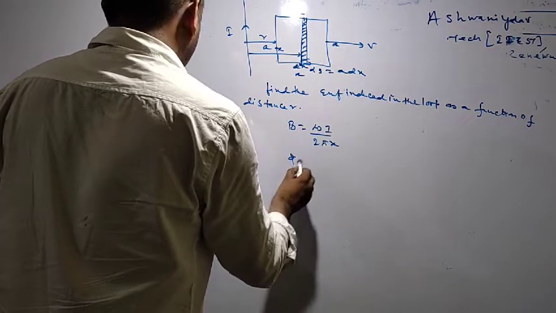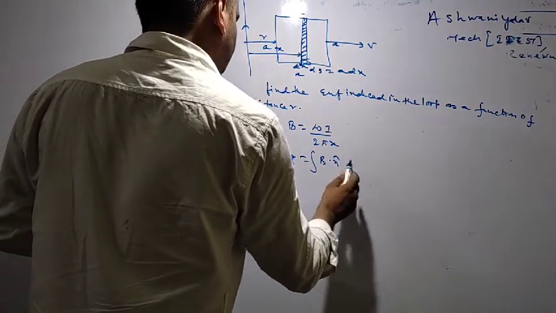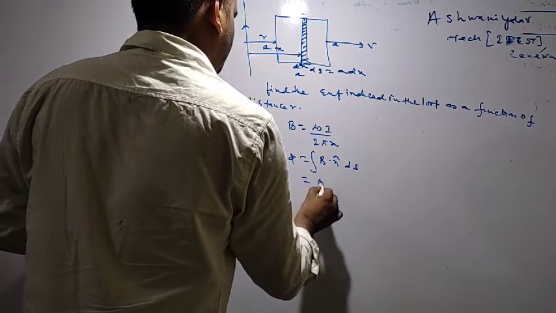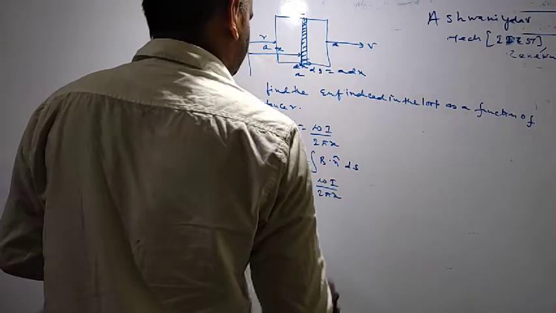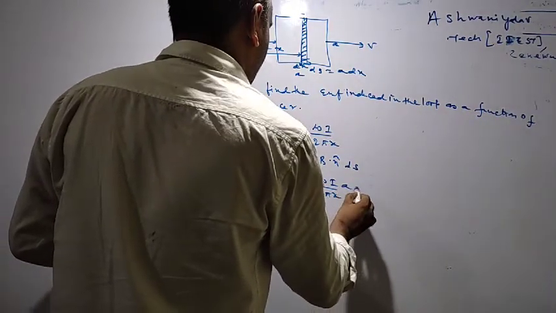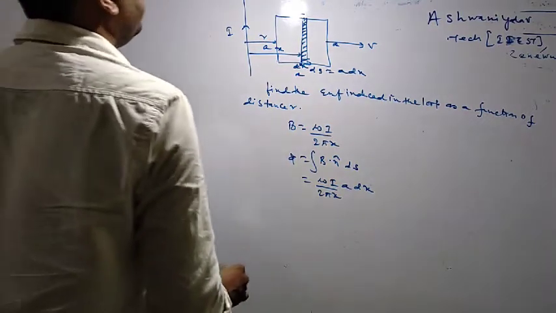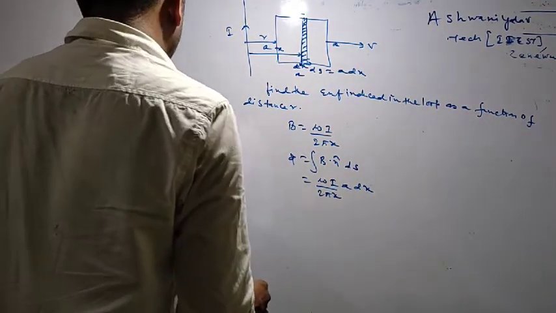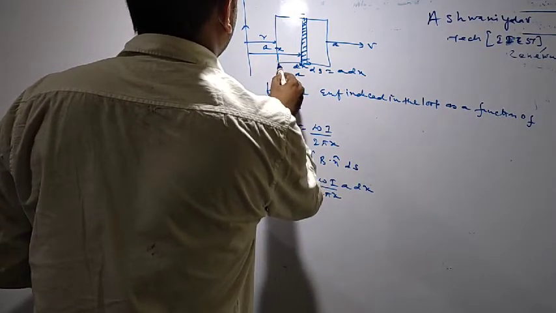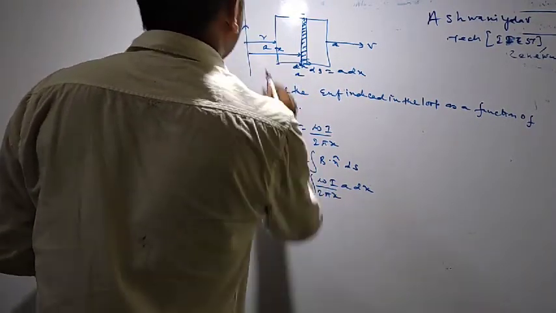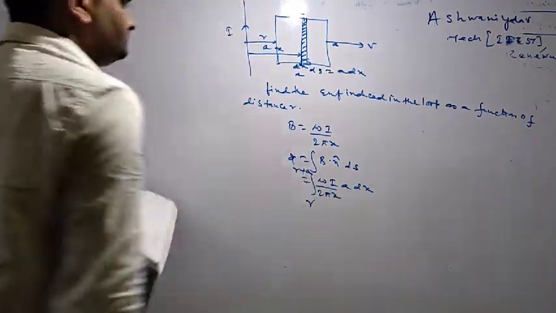So flux is the integral of B dot ds, mu naught I by 2 pi x times a dx, and x is varying from r to r plus a.